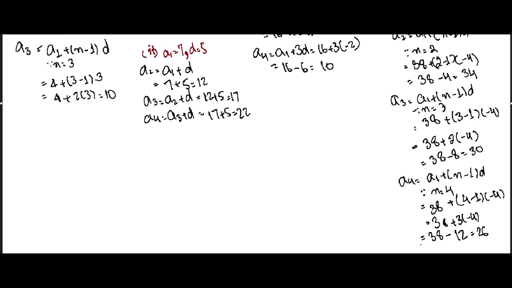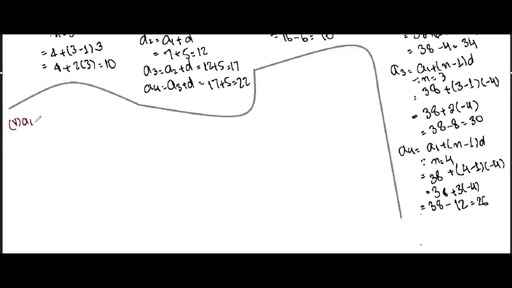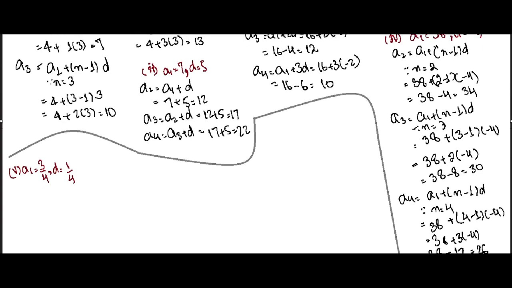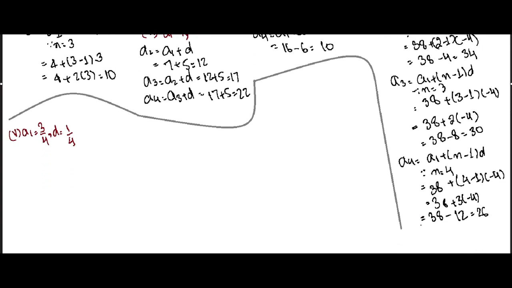Now we are going to do the fifth part. A1 equals 3 by 4 and D equals 1 by 4. So we are going to use this method over here. A2 equals A1 plus D. So we have A1 is 3 by 4 plus D is 1 by 4. We are going to take 4 as LCM, 3 plus 1, which is equal to 4 by 4, which is equal to 1.